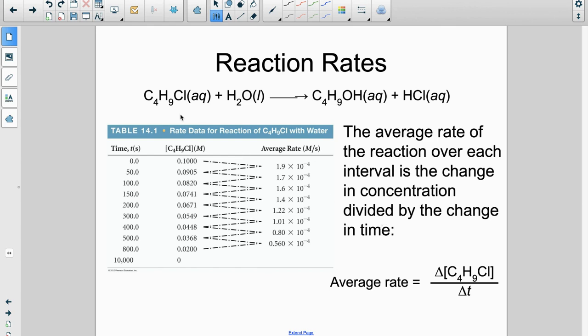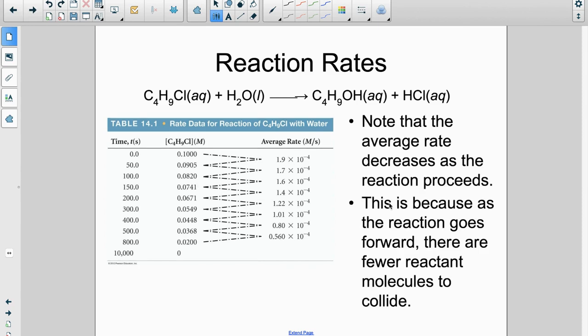Here again, it's a change in concentration over some time period. One thing to note is that as you start off with this rate at time equals 0, you can see that the rate is decreasing. As time goes on, the rate decreases. It's getting slower and slower.